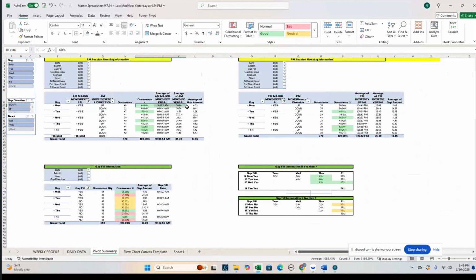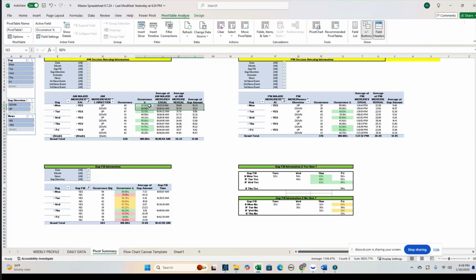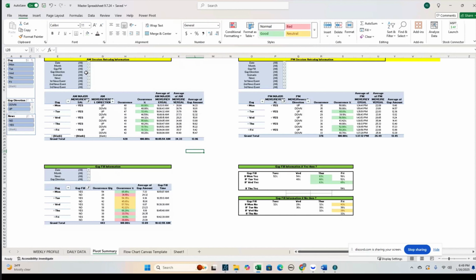But as you see already, Mondays are very high percentage. 60% is very high percentage for an AM session move. So out of what is that, 80 sessions over the last 2 years in which we've had an AM session move, which is anything over 15 points, we have moved up 60% of the time.